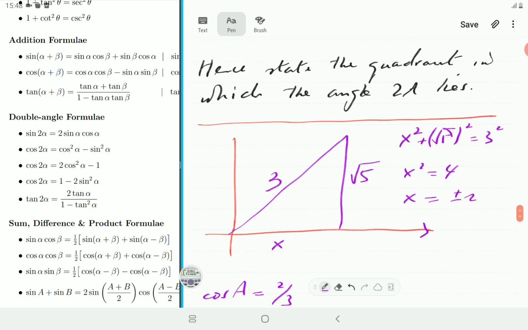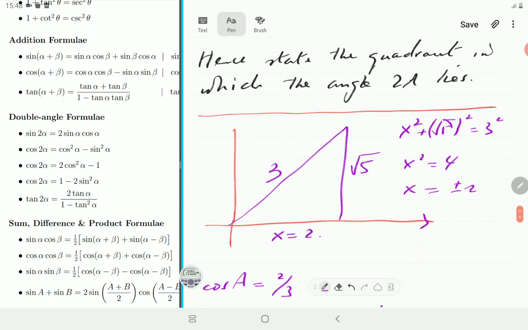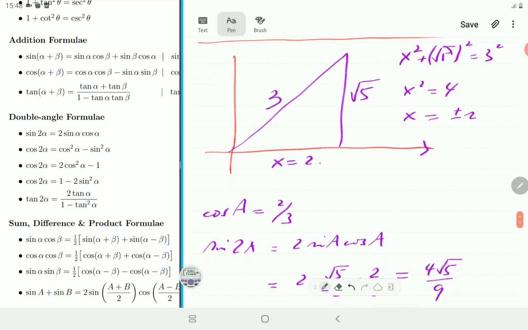So since sine is square root 5 over 3, then that's the opposite, and that's the hypotenuse. So we need to find that adjacent, which is x. So Pythagoras gives us that x squared is actually 4. So x is plus or minus 2. But since we're in the first quadrant, it must be equal to 2. It means cosine of A is going to be 2 over 3.